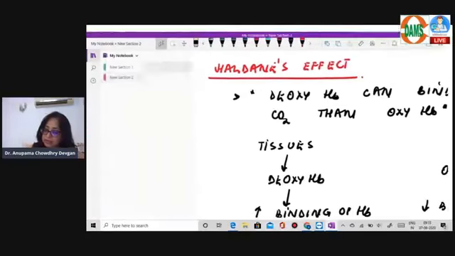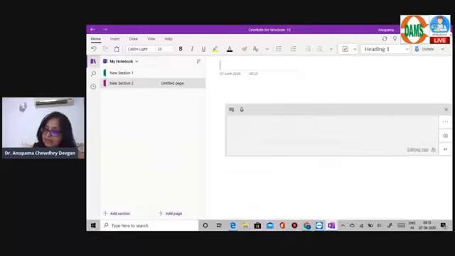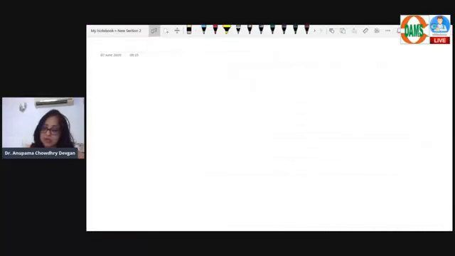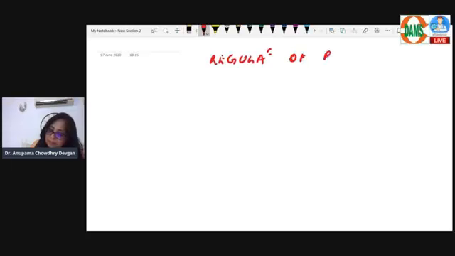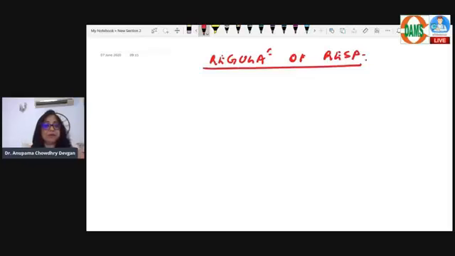Let's go on to the next section, the last section in this chapter, which is regulation of respiration. Now, when you look at the regulation of respiration, there are two mechanisms for controlling respiration.